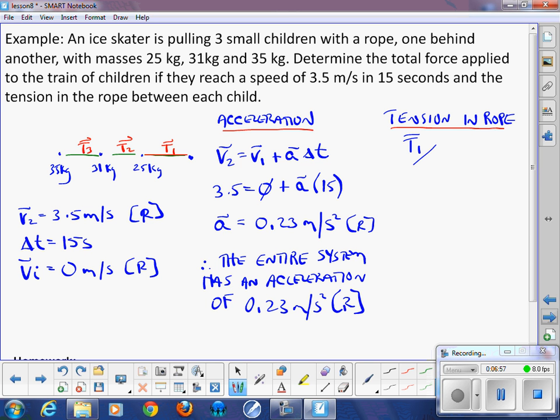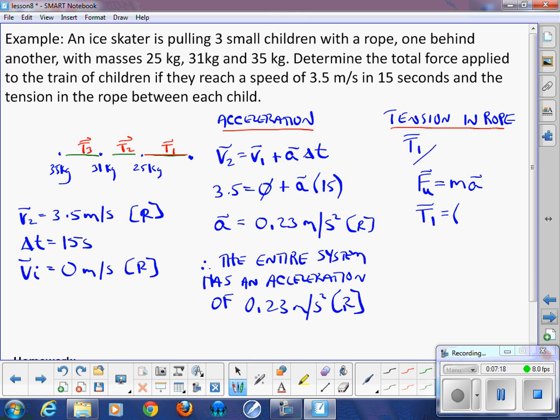So whatever the ice skater is pulling with is all going into that first rope. So Fu equals ma. We're looking at the entire system. That unbalanced force is causing acceleration, which would be our tension. We're on ice, so that's why we're ignoring friction here.